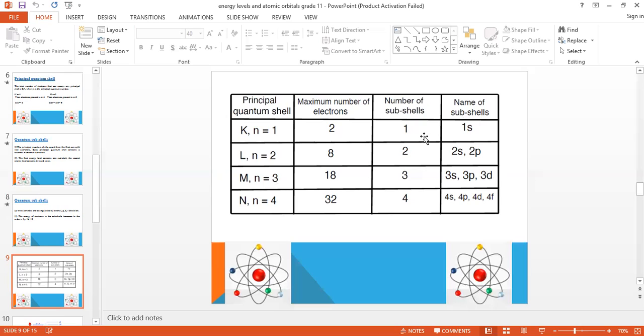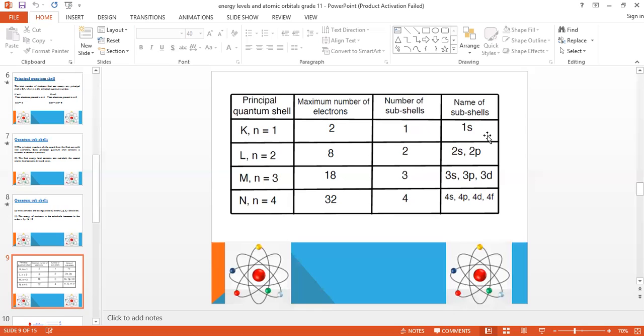If n = 1, how many subshells are there? Only one. That is our first, what we call S. S represents subshell. One means this energy level. If n = 1 and the subshell is S, we write 1s.